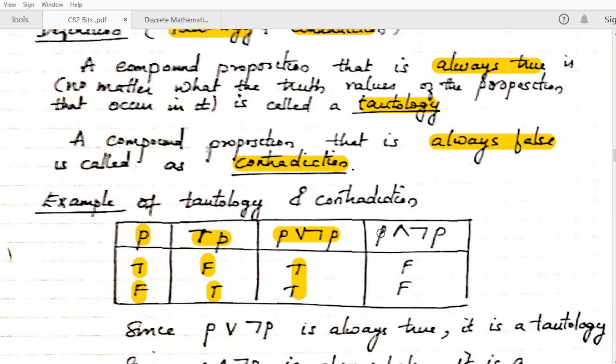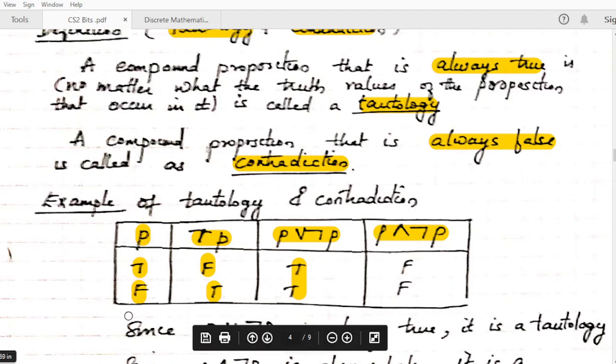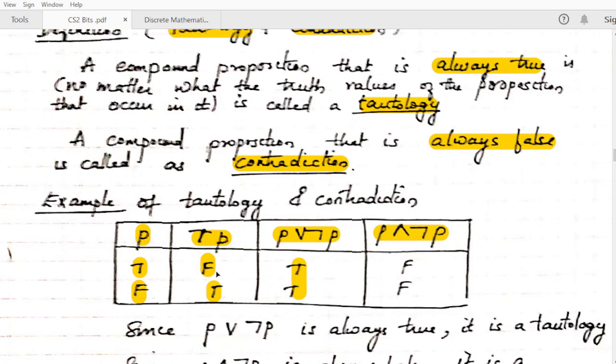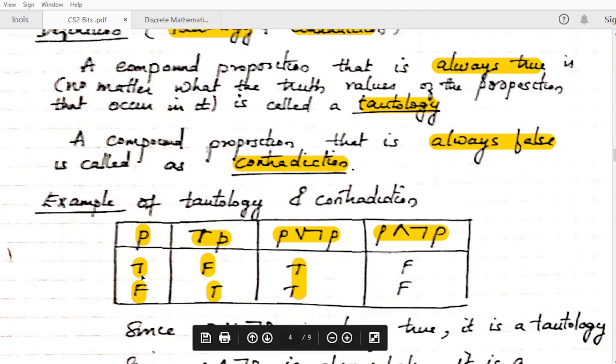Now we consider another compound proposition, P and negation P. Here we are using the AND operation. P is true and negation P is false, so true and false is false for an AND operation.